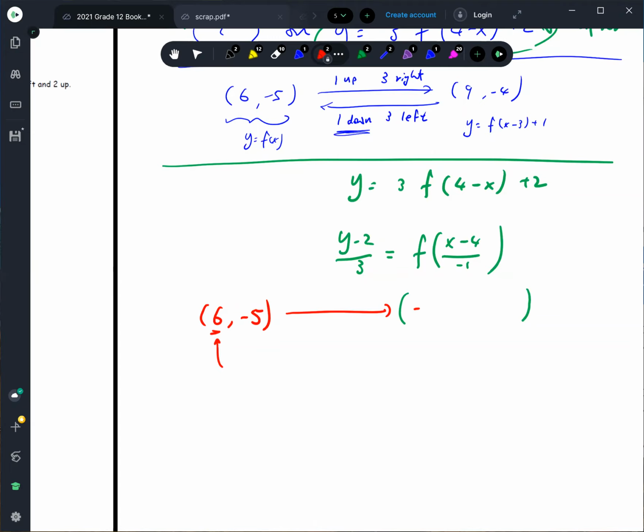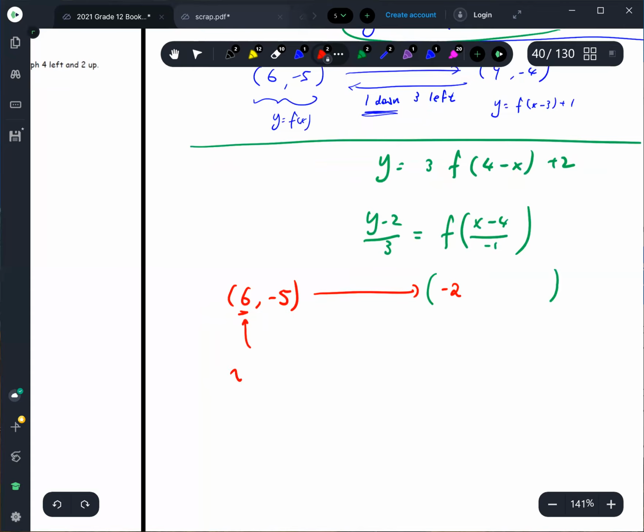Negative 6 times -1 will be -6, right? And then you need to move it to the right. How much to the right? 4. Yeah. So what do you get? -2. Okay. So for the x, you need to times it by -1 and then plus 4.